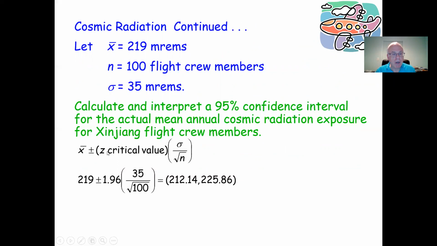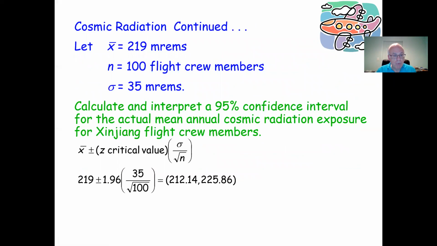We're going to take x bar, add and subtract our margin of error. The z critical value for a 95% confidence interval is 1.96. Our estimate of our population standard deviation is 35, and we divide that by the square root of n, which in this case is 100.